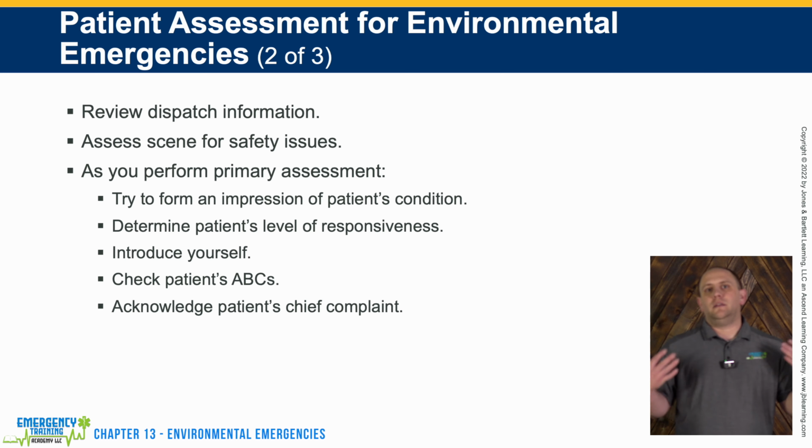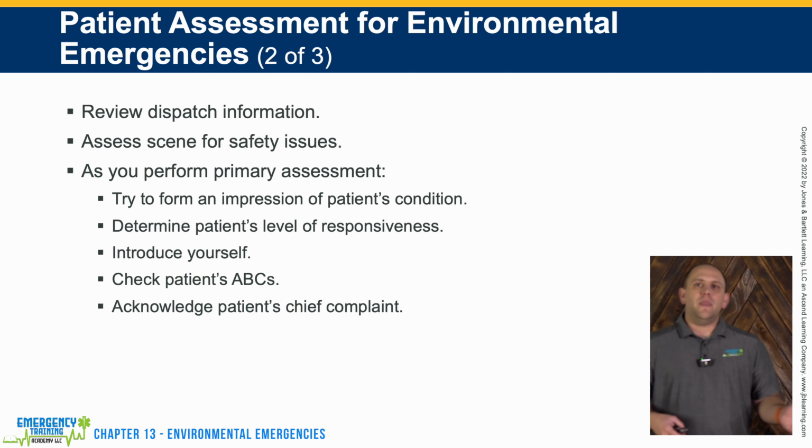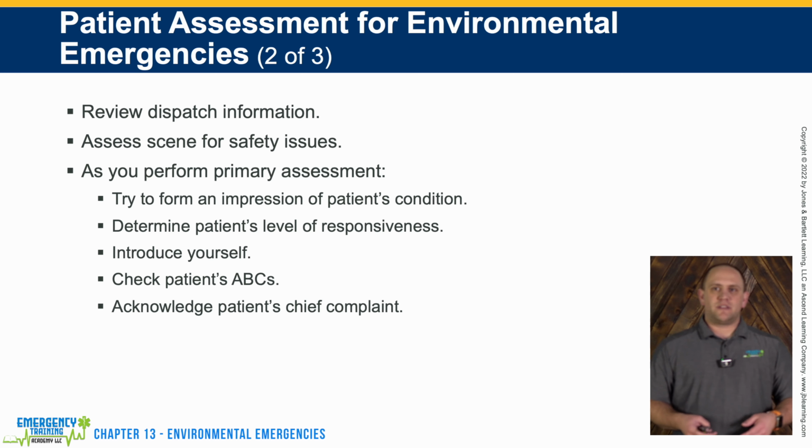Once we're on scene, stepping back for that 5,000-foot view, looking for scene safety issues, and then moving into our primary assessment. We're going to figure out the patient's condition, determine their level of responsiveness, introduce ourselves, ABCs, and then try and focus in on whatever their chief complaint is.